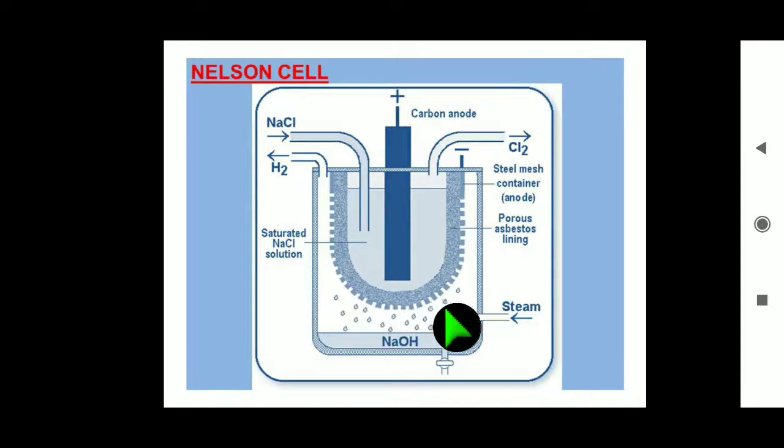It settles down. So on the left side hydrogen gas is liberated. On the right side chlorine gas is liberated. So separately we can collect the gases. The process is an electrolytic process, the manufacture of chlorine gas.